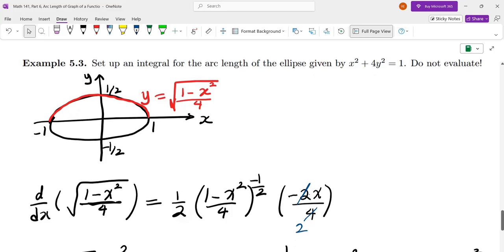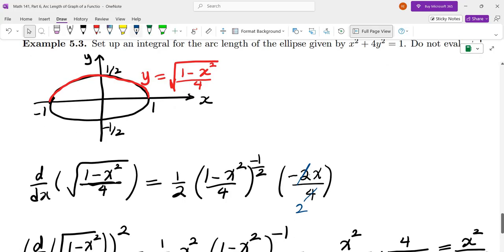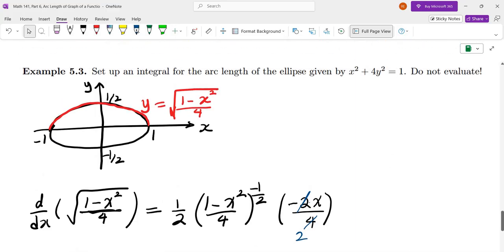So just again to recap, what we did was we broke it down into two pieces. One, the top part, which is the function of x, because we can write down the top part as y equals the square root of 1 minus x squared over 4. We take the derivative of that, so we get 1/2 times 1 minus x squared over 4 to the power of -1/2, and then the derivative of the inside, which is -2x over 4.